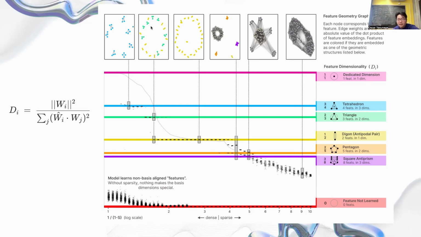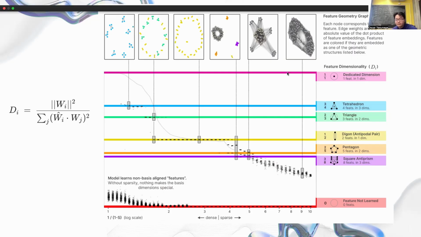Same with here, where you have these triangles. Each of these triangles lives in some two-dimensional subspace in high dimension that is orthogonal to all these other triangles and all these other digons. But to actually visualize it, you would project it down to two-dimensional space. And then as you get features that are much, much more sparse, we have this weird bagel-esque shape that emerges.